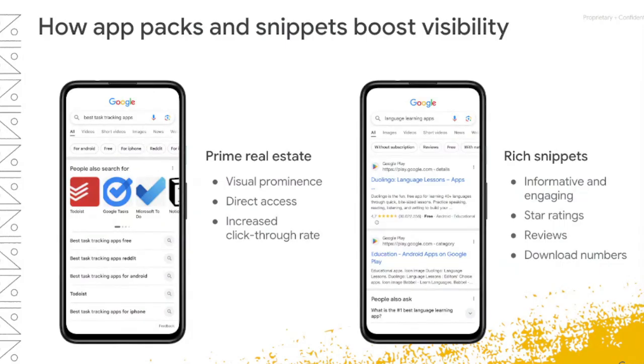So you need to stand out from the crowd, and rich snippets allow you to do this because they are informative and stand out in your organic results as well. And it can immensely increase your click-through rate even if your listing is positioned lower in the search engine results page.